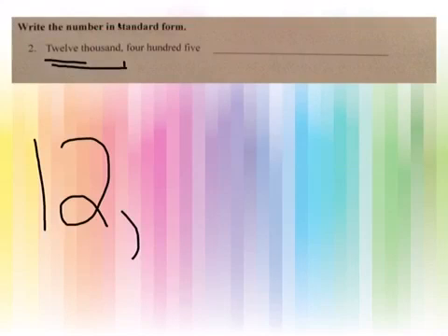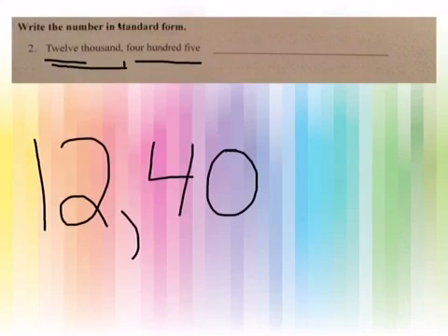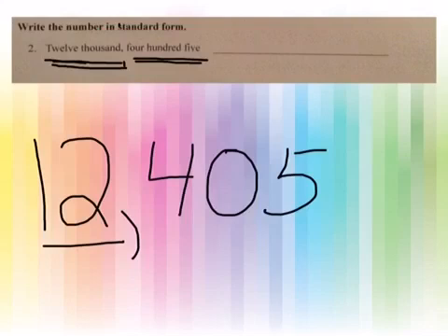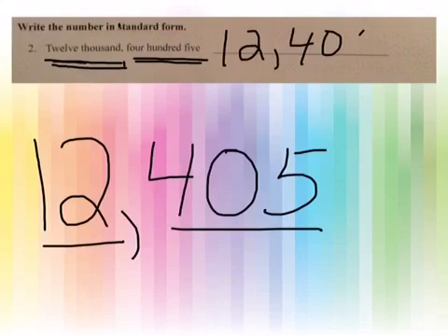And then I see here, the last part of it is 405. 400s, and I don't see anything about tens in there, so I'm going to put a 0 to show that there's no tens. And then, of course, 5. So if I double check, it does say 12,405. So that should be my final answer.